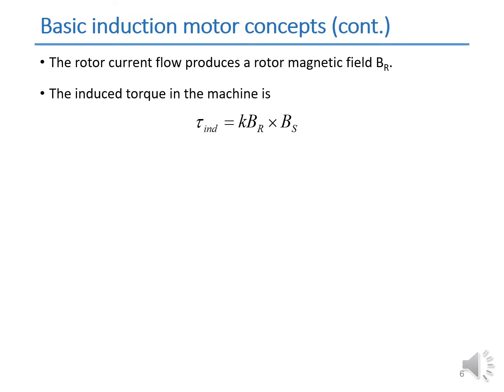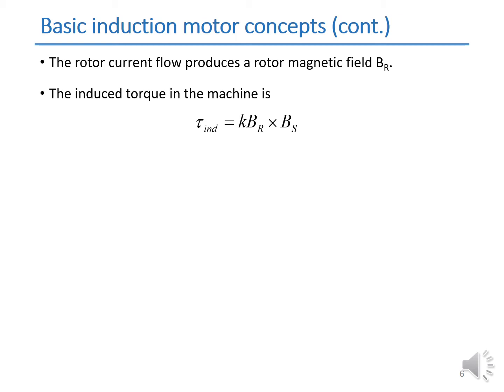The voltage induced across the rotor bars will produce currents flowing in the rotor windings, and this current will then induce a magnetic field B_R, the rotor magnetic field.